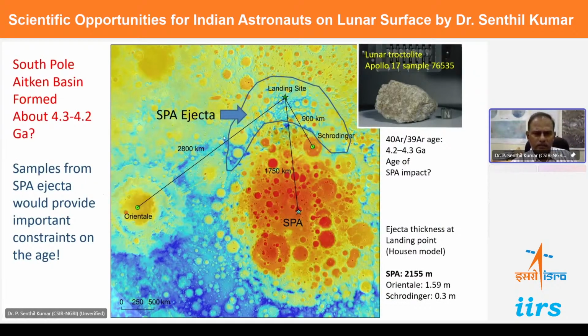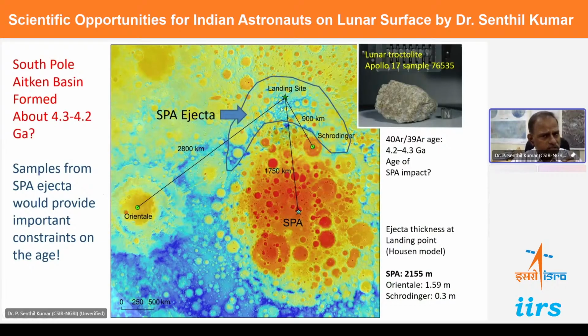Look at this, the largest impact basin on the moon, called the South Pole Aitken Basin. This is the largest one. This particular basin produced a huge amount of ejecta deposits, which is usually material coming out of the impact, thrown out. This SPA ejecta is also sampled by Chandrayaan-3.